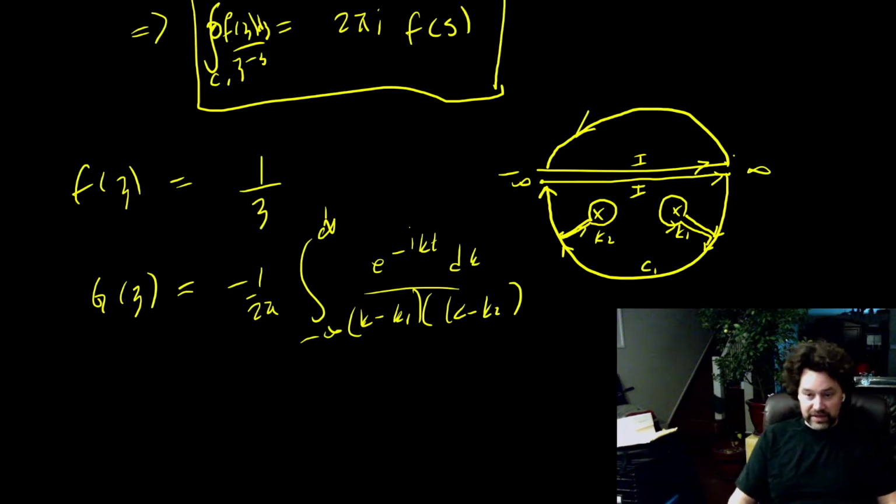So when we are integrating around this k1 pole, then e to the i k t over k minus k2 is an analytic function. But when we're integrating around this k2 pole, then e to the i k t over k minus k1 is an analytic function.